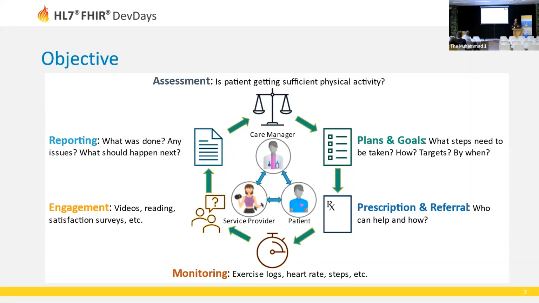And then we have service providers. And service providers could be clinicians, like exercise physiologists or physiotherapists, but it could also be personal trainers or a professional gym or something like that, YWCA, YMCA, anything like that.